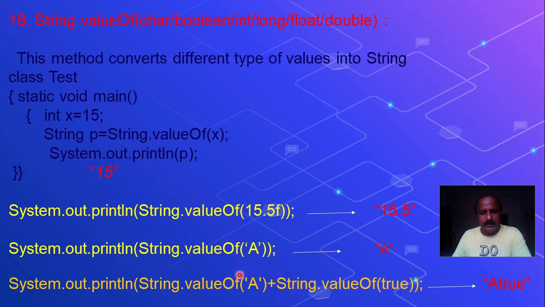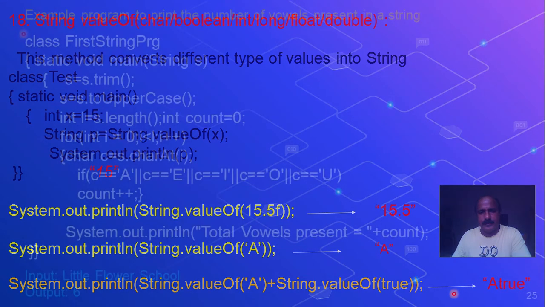Its value, you will get double quotes a, and here double quotes true. So string addition will take place. In string addition, what are you going to get? a plus true, without any space, the addition will take place as it is, and you will be getting the value as atrue. So this is a string.